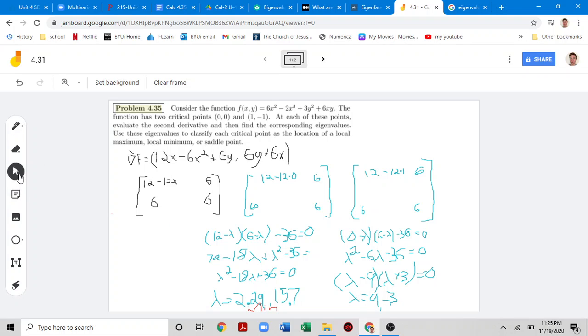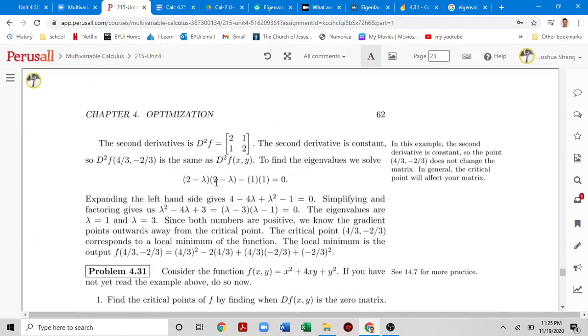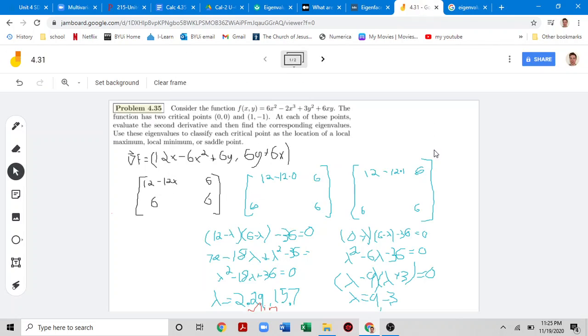And as we see in Brother Woodruff's handy dandy pictures again, one was positive, one was negative, so that's going to be a saddle. And like I said, for the first one, both are positive, so it's going to be a minimum. So this right here is just going to be a saddle.